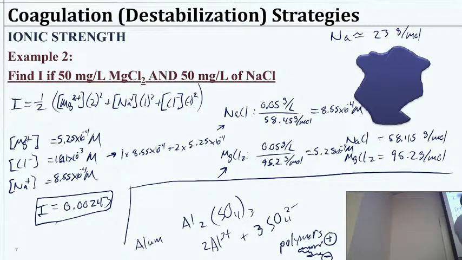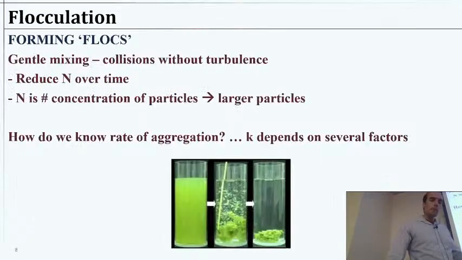So we have lots of different clever ways of adding something in small amounts that will come right back out with the particles we sediment to improve sedimentation. What I wanted to focus on here was the basic use of ionic strength to destabilize particles in order to induce flocculation.